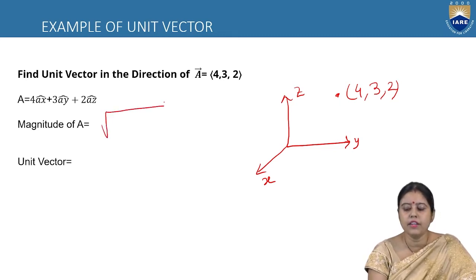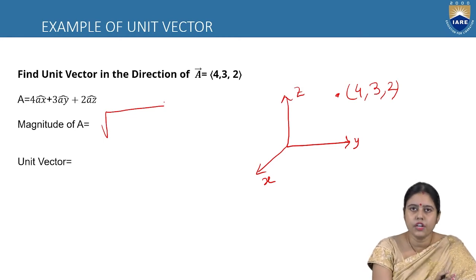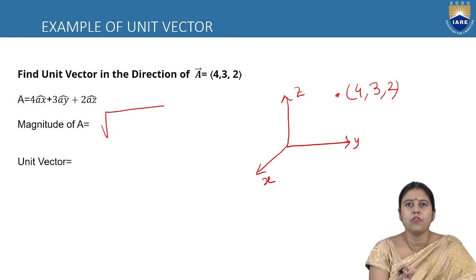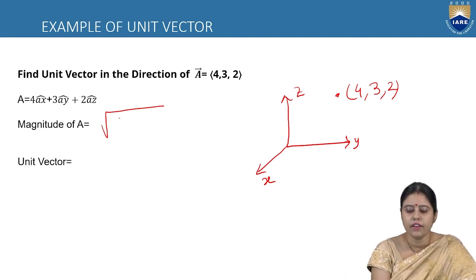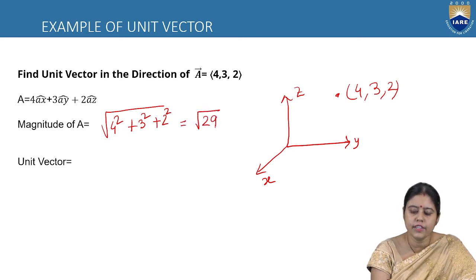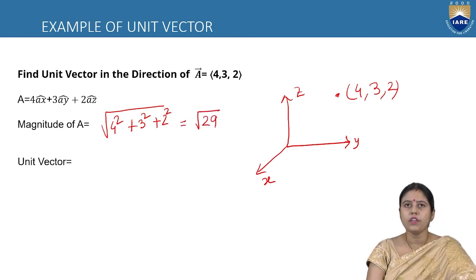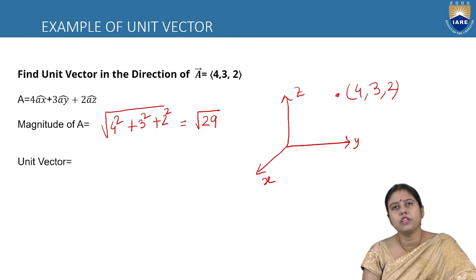Magnitude will be the same thing: square root of coefficient of x square plus coefficient of y square plus coefficient of z square. Let's write 4 square plus 3 square plus 2 square. So it is root 29.